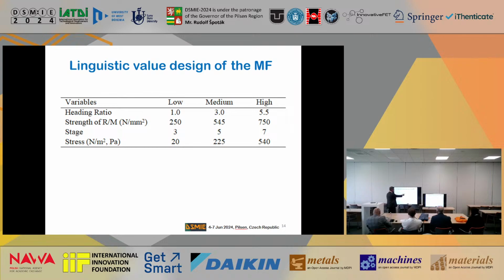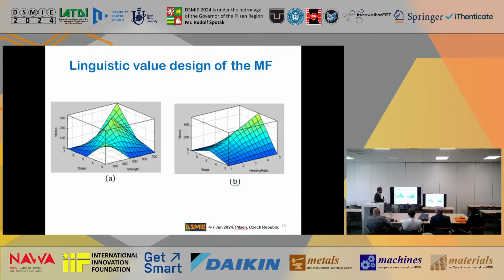Stay on the beginning 250 until 750, and then we use 3 stage, 5 and 7. And the state we need starts from 20 to 514. So this is all from the model.